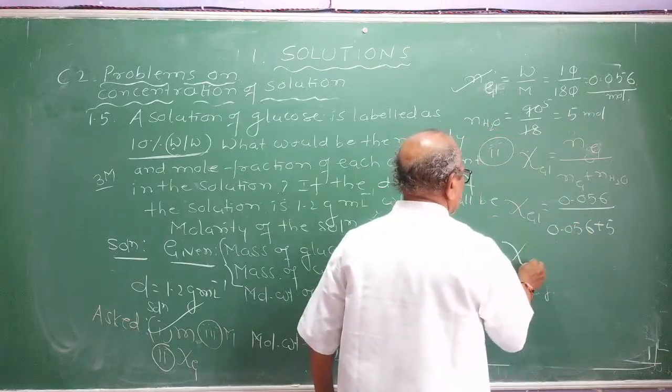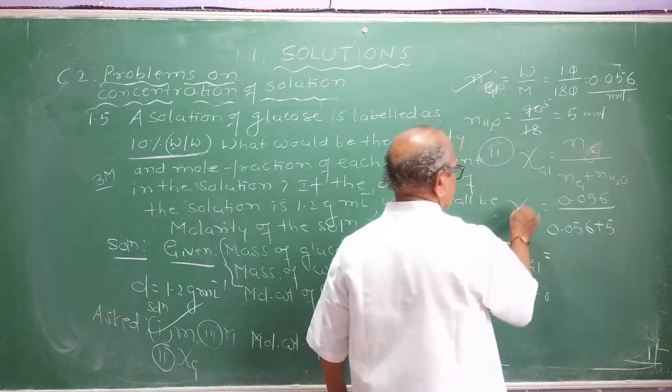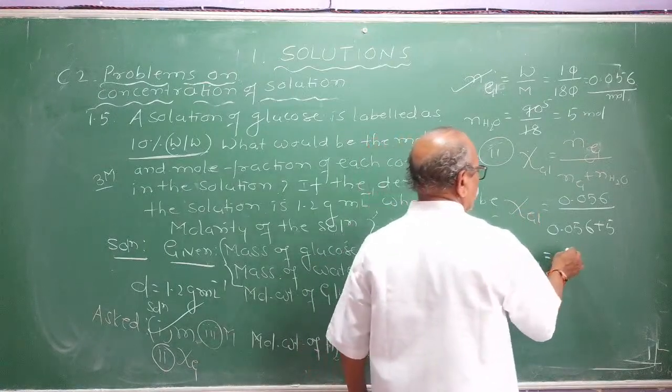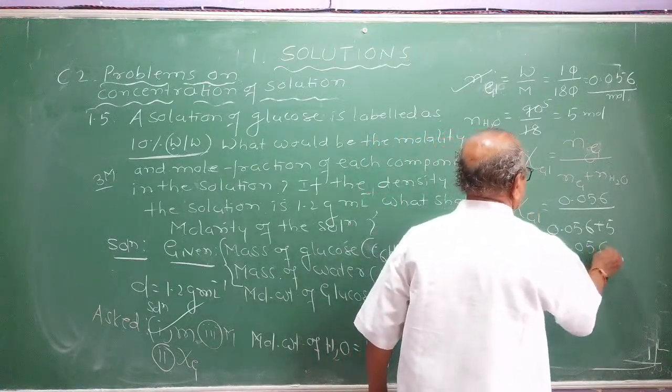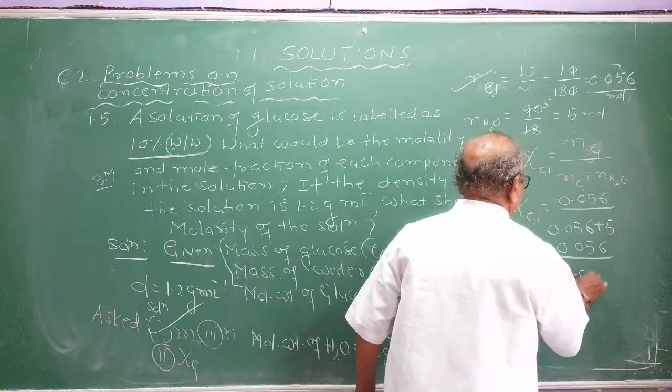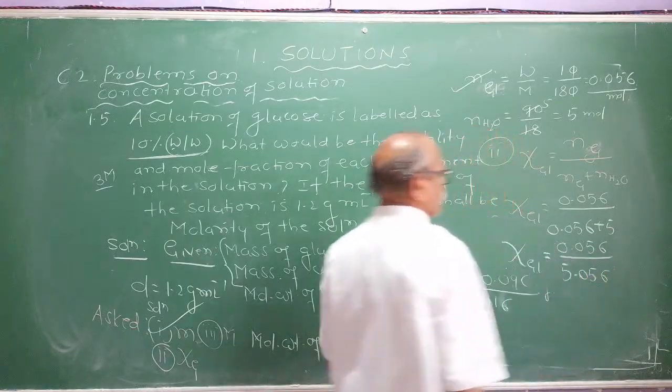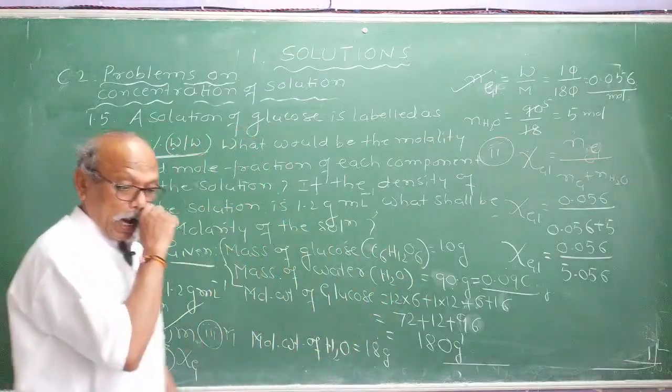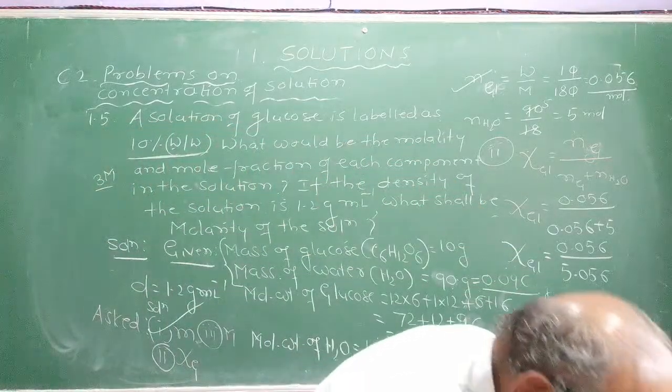It is chi, not x. So 0.056 divided by 5.056. Just divide it, you will get the mole fraction.